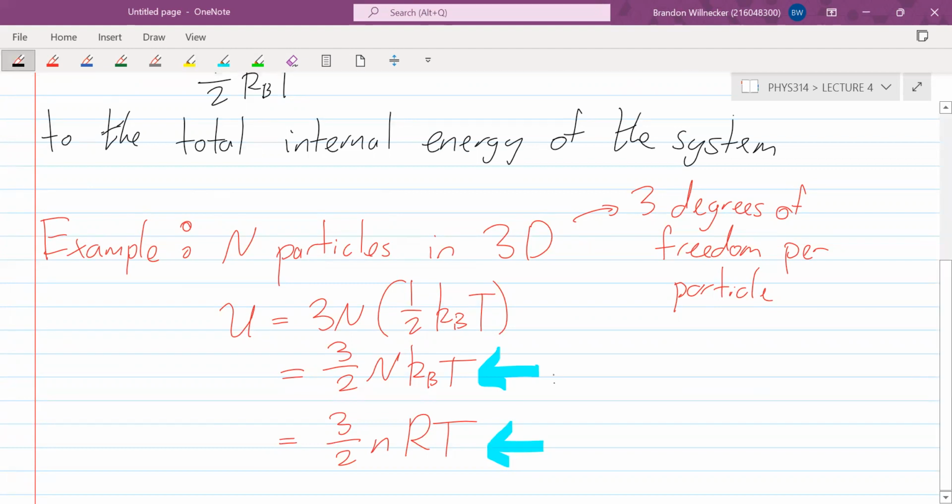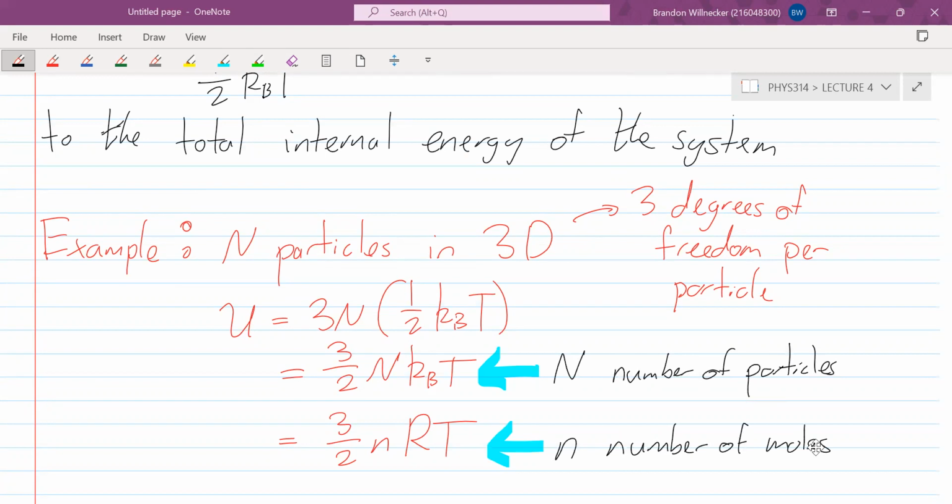The first one, N is the number of particles, again each with 3 degrees of freedom, or you can have little n being the number of moles, but again, 3 degrees of freedom for each particle. So this is the important 3 over here for the 3 dimensions.